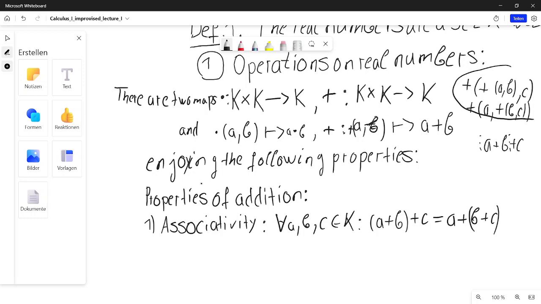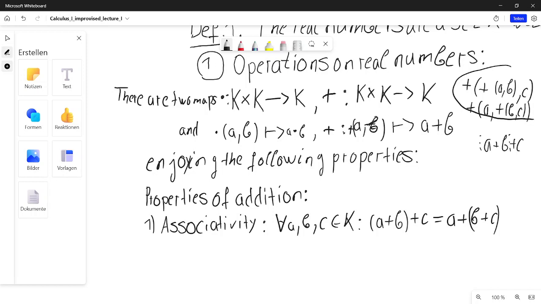From now on, when this operation is the only operation contained in an expression, we can just get rid of all the brackets. So addition is associative.